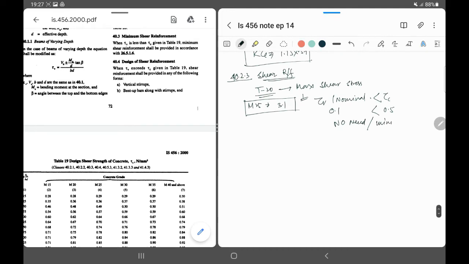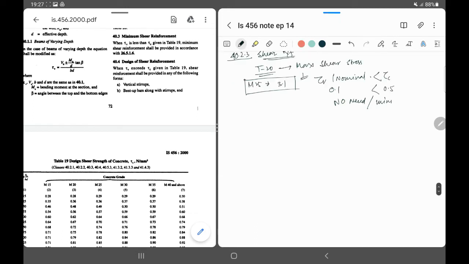Number 2, if tau v is greater than tau c, but tau v is less than tau c max. This is case 2. In that scenario, we have to provide shear reinforcement.